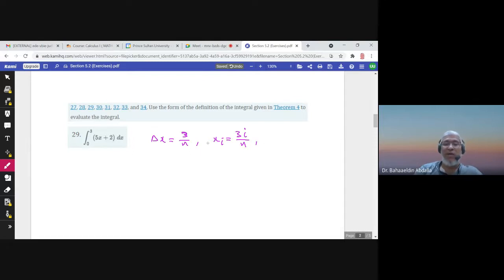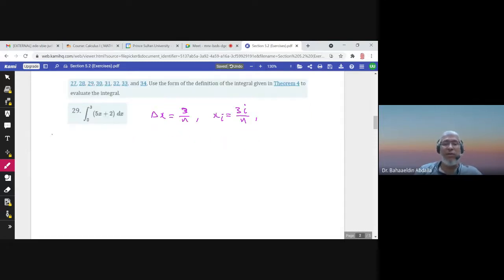And f of x_i would be, since x_i is 3i over n, 5 times 3i over n plus 2, because this is f of x. So we replace x by 3i over n. Now let me find the summation of f of x_i times delta x.